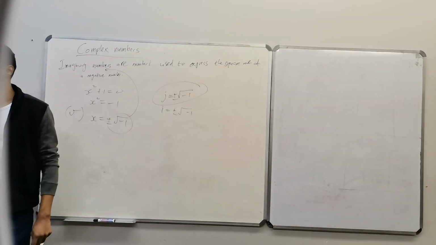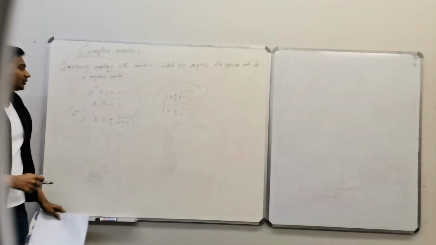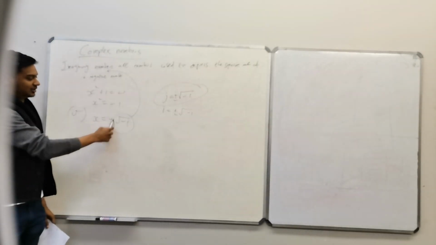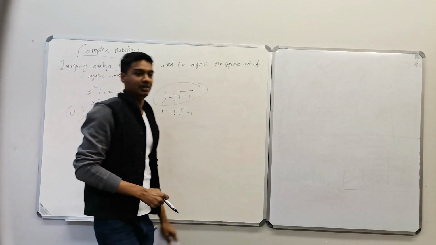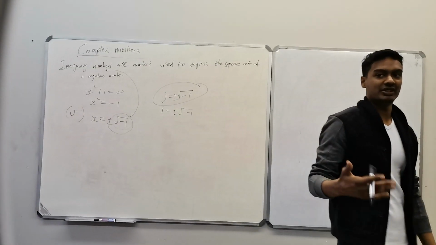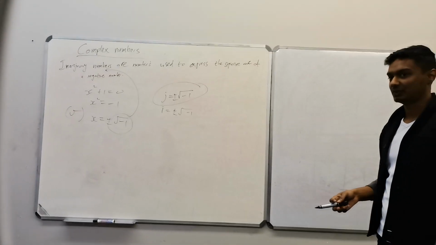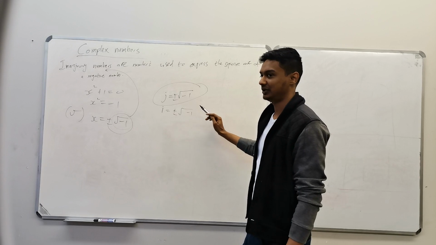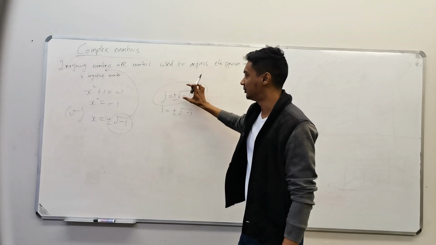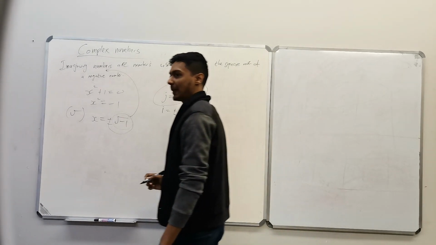So j represents all imaginary numbers. Nothing too hard to think about. As soon as you see j, you know it's imaginary.